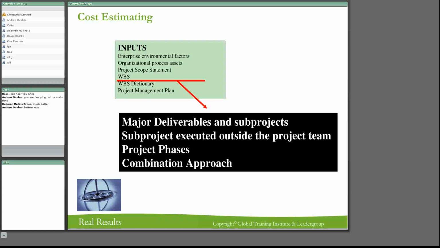It's going to give us the major deliverables. It's going to give us the sub projects and how they're going to be executed outside of the project team. There might be some outsourcing that you want. So you probably won't keep details of that, but if you outsource something, they're going to deliver something, so you're going to manage the deliverable on that one.